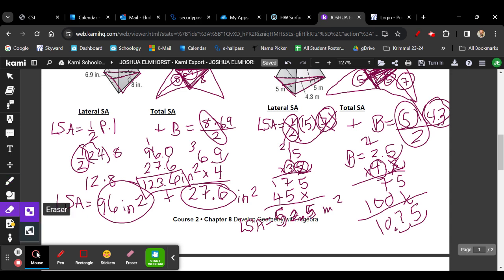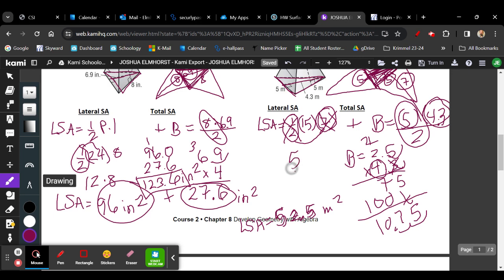I'm going to remove some of the space here. And 10.75. Total surface area, we have 63 and 25 hundredths meters squared.